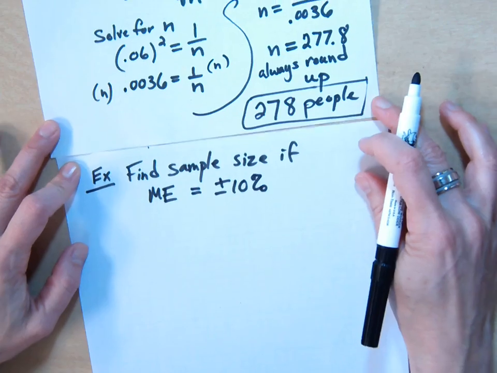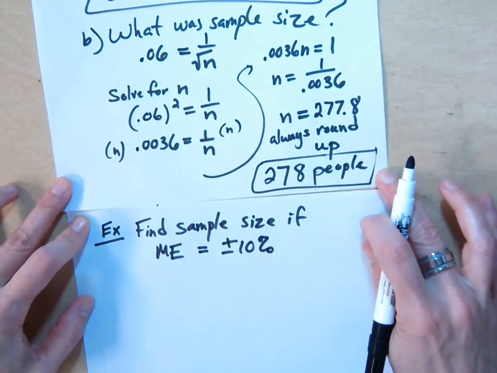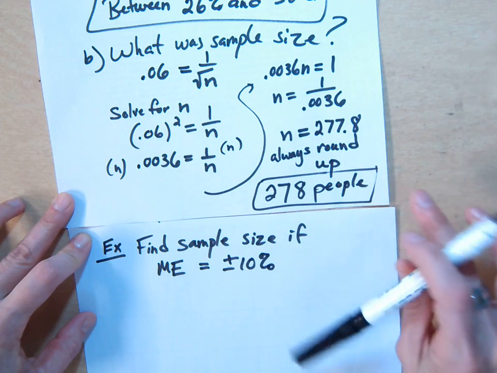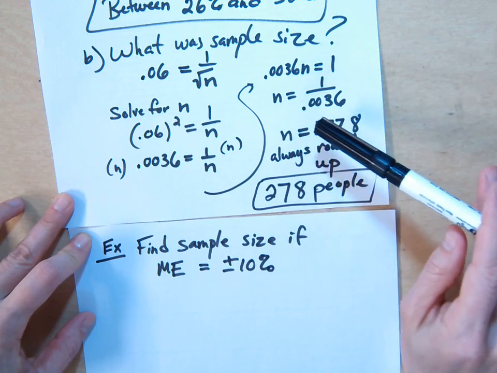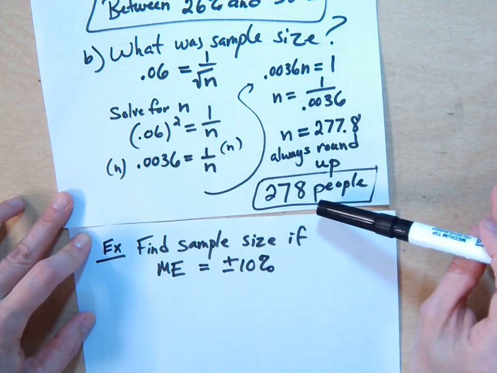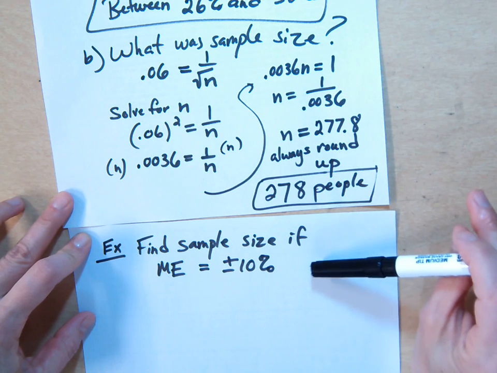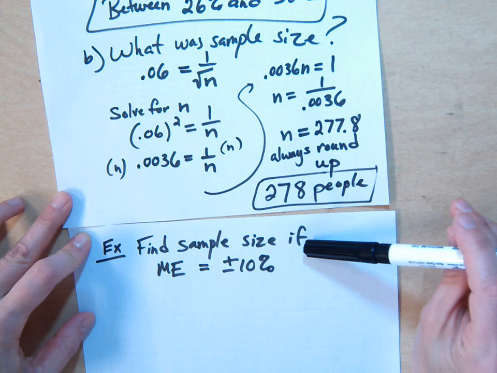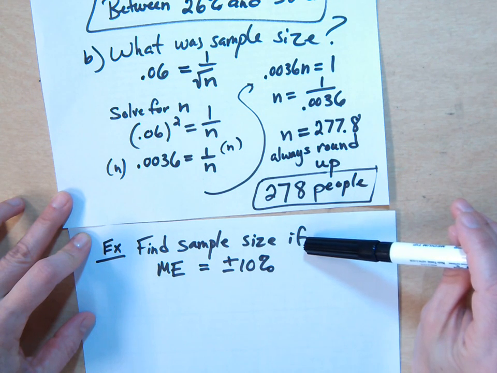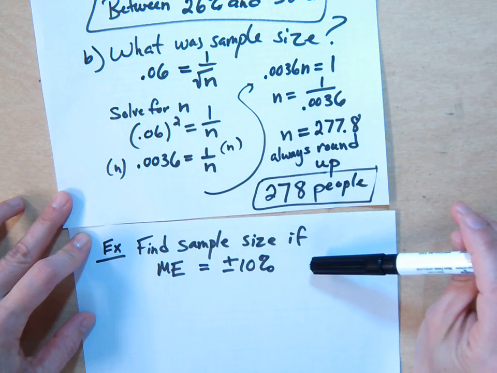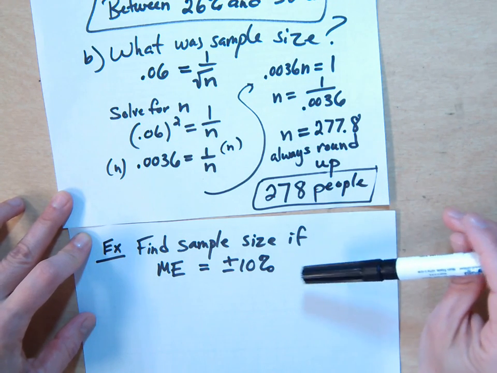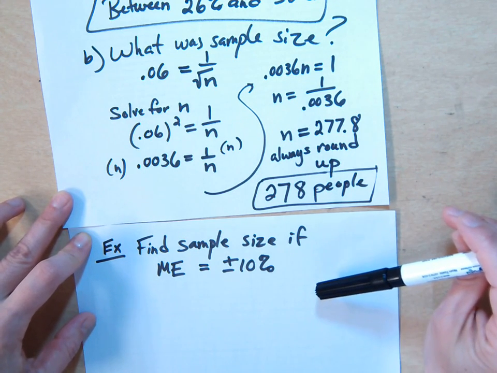Do we expect the sample to be larger or smaller than it was before? With a margin of error of 6%, we sampled 278 people. So if our margin of error is wider, are we sampling more or less people? We're actually sampling less people because there's less certainty, right? We want a small margin of error, right? You want your answer to be close to correct.